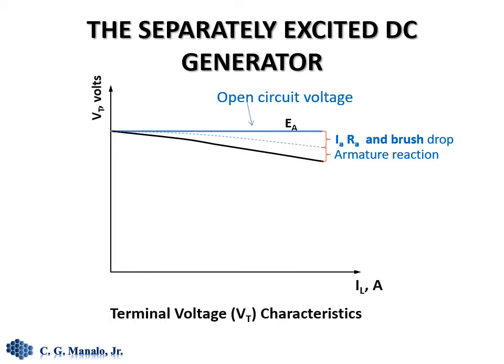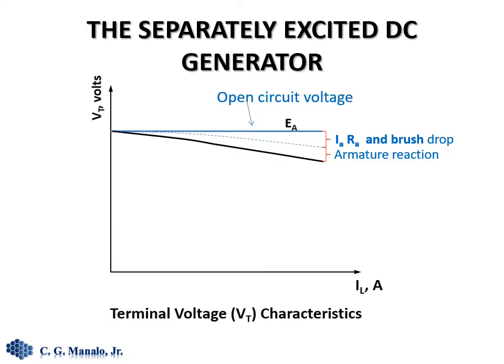There are two factors, or even three factors, that cause this drooping of the terminal voltage. These are the armature voltage drop, IARA, the brush drop due to the carbon brushes, and what is called the armature reaction.